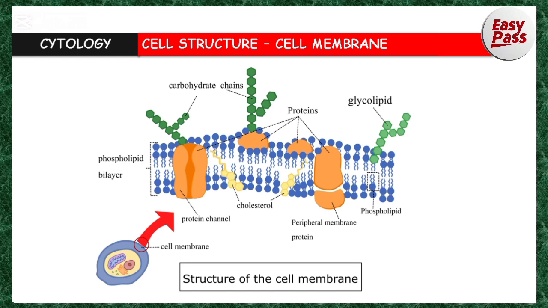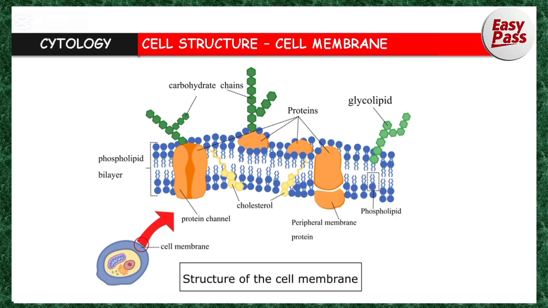The cell membrane is not actually a solid material, but a fluid having an uneven distribution of materials such as proteins and other substances like cholesterol. So the cell membrane has a unique structure, and the cell membrane itself is made up of two phospholipid layers.